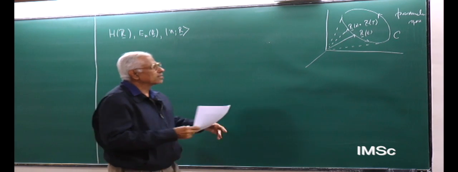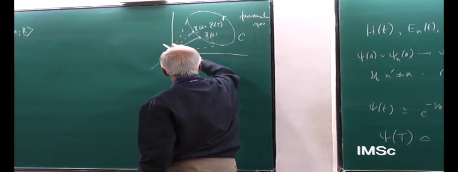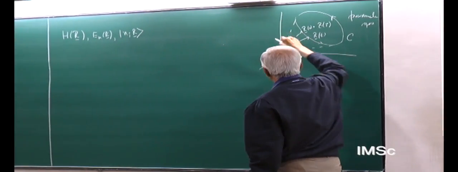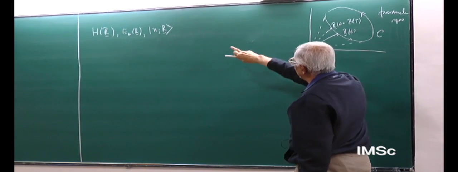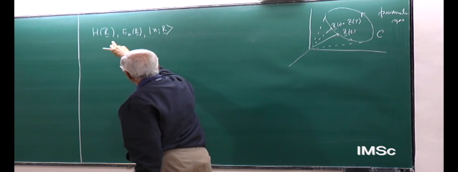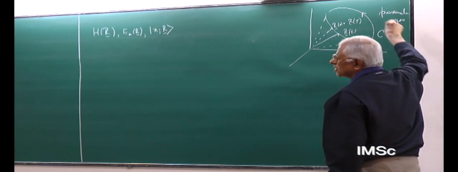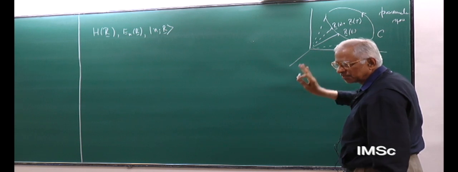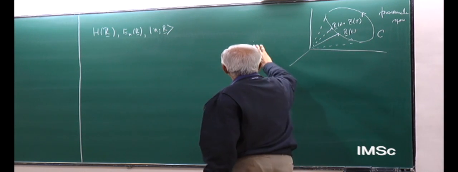Let us assume that all our operations take place in a certain domain in this multidimensional parameter space. Let us also assume these ket vectors, these eigenvectors of h of r, are single valued throughout that domain. Make that assumption. All right? I want to convey this very clearly to you.